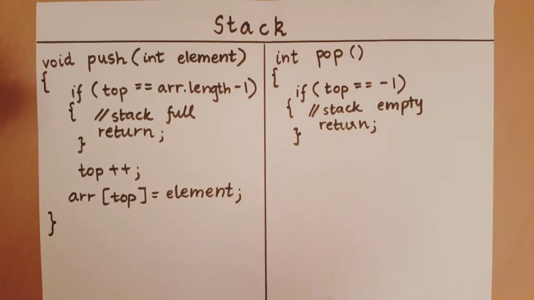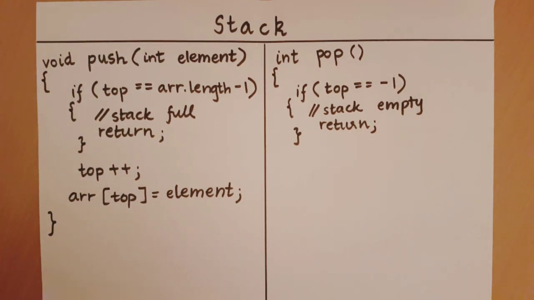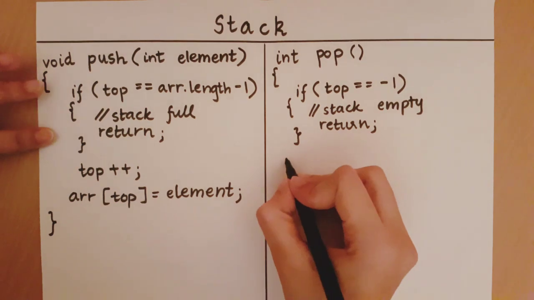When we come to this line of code, we are completely sure that the stack is not empty and there exists some elements which we can delete from the stack. Now, what we must do to delete from the stack is, first we will store the topmost element in the stack, which we need to return to the user, in a temporary variable.